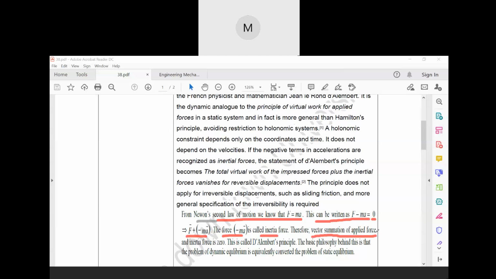Therefore, the vector summation of the applied force and the inertial force is what? 0. So this thing is called D'Alembert's principle.